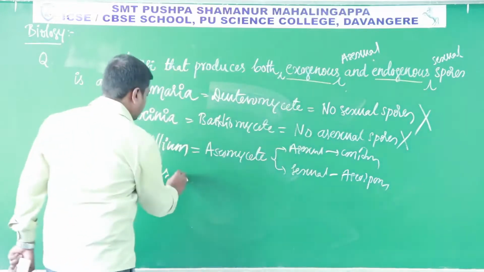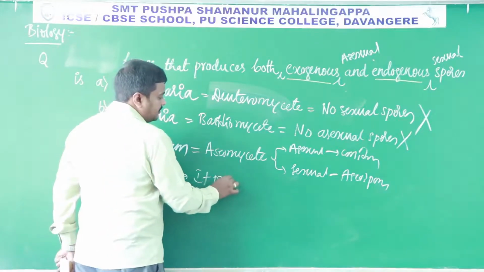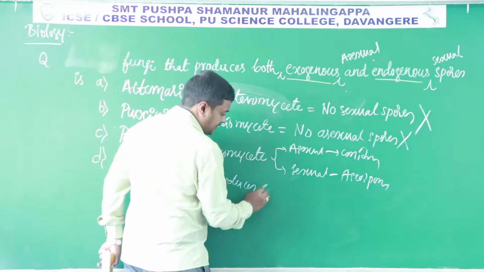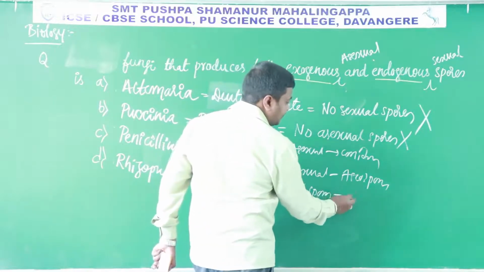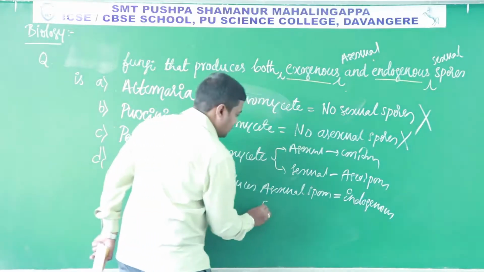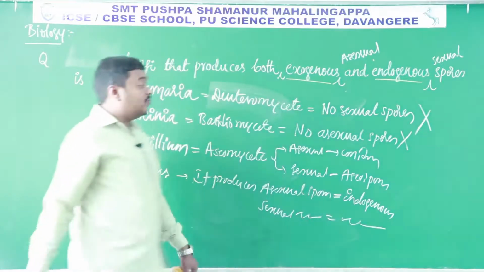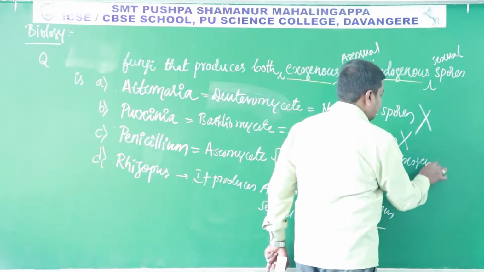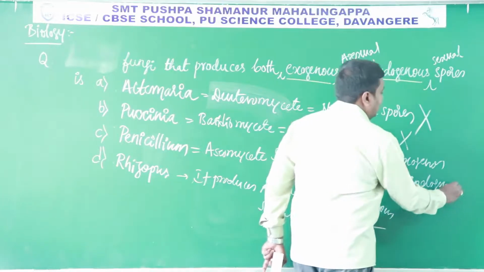Then come to Rhizopus. It produces asexual spores, but endogenous, and sexual spores, that is also endogenous. Both are endogenous. Whereas in Ascomycetes, conidia are exogenous and ascospores are endogenous.